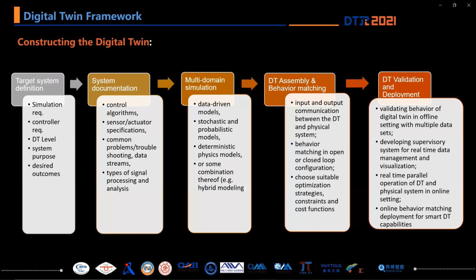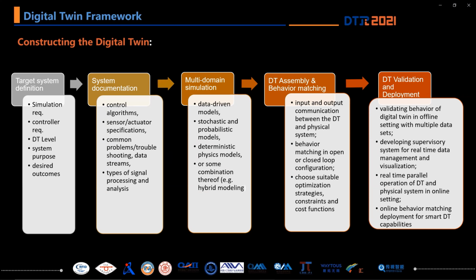The digital twin can be constructed in 5 steps roughly. The first step is the target system definition. This is all of the desired requirements, such as the simulation controller, the digital twin level, the purpose of the system. The next step is the system documentation.